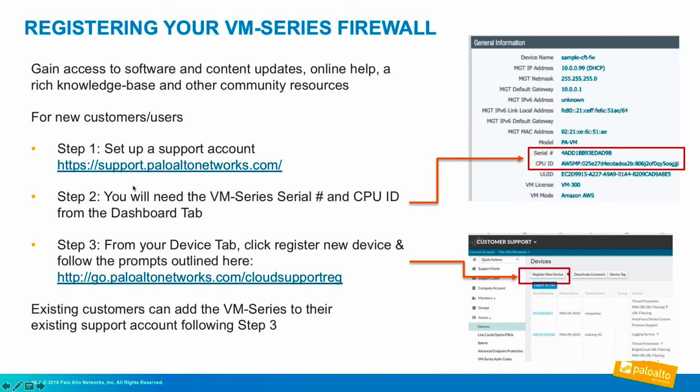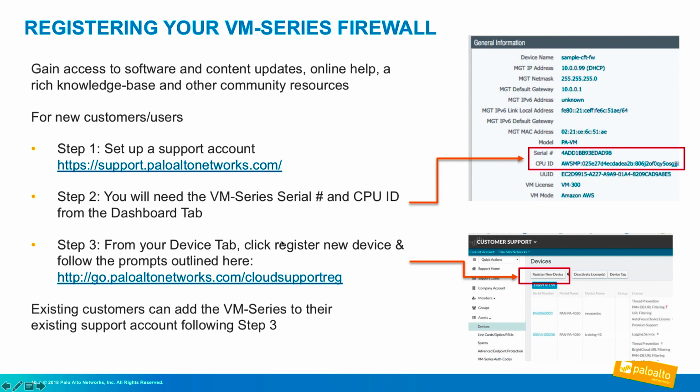Step number 1 is to set up your support account, and you can do so by opening this URL and following the registration process. Once you finish with the registration process, you will be able to register your VM-Series devices, and in order to do so, you will need to have a VM-Series serial number and CPU ID, which you can find on the management console of your firewall.